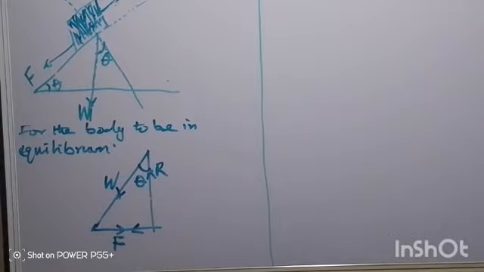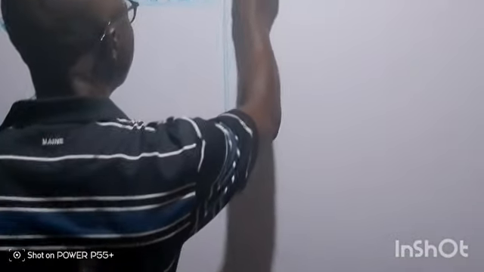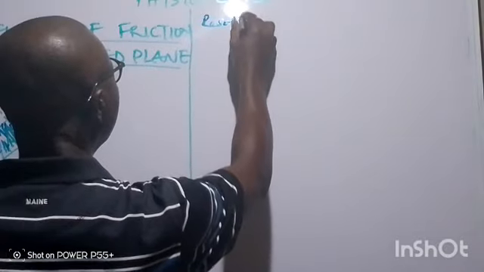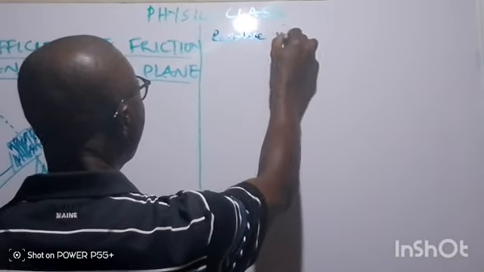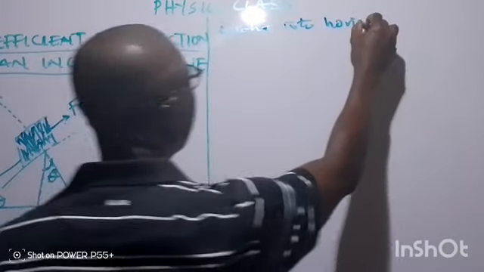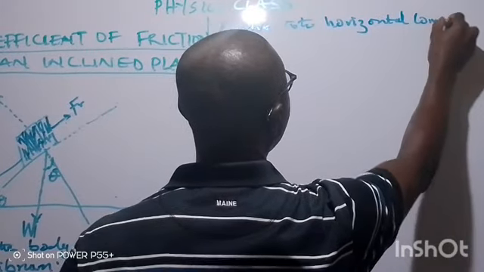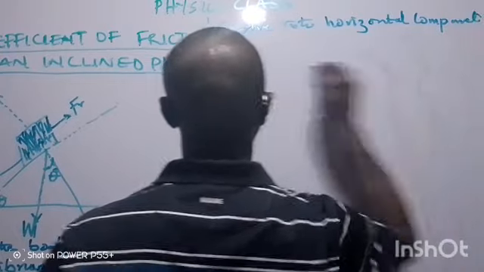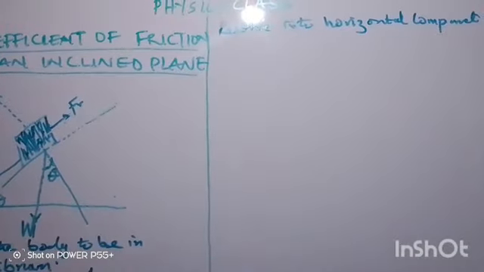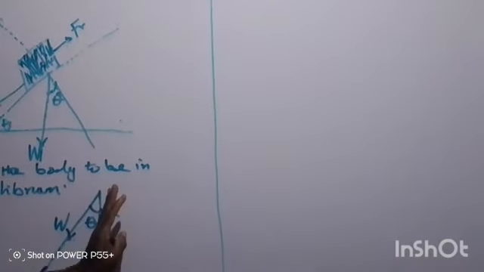Now, to resolve this into the horizontal component, we close the normal reaction.